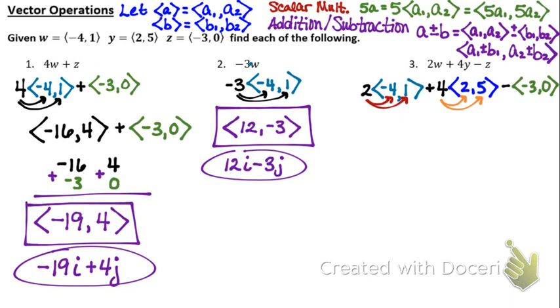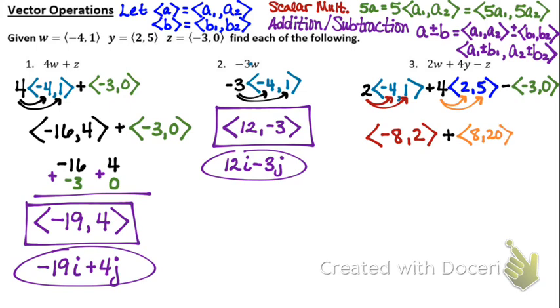All right, so help me out. We got just enough time to finish this up. When I distribute the scalar to W, what's my result? -8 and 2. I'm going to take that and add that to the resultant vector of 4y, which is going to be what? 8 and 20.